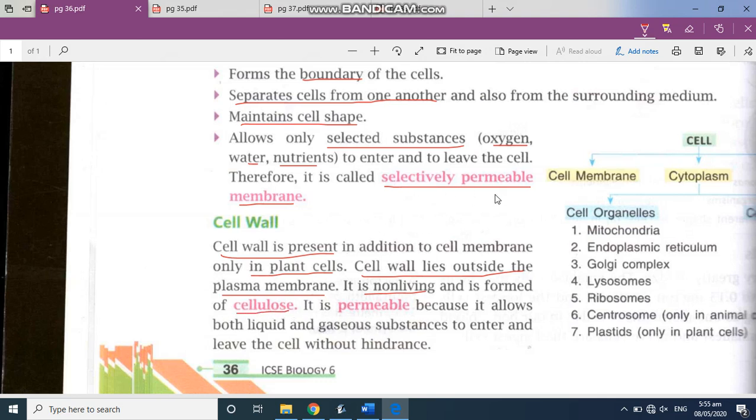And this is not selectively permeable. Cell wall is completely permeable. It allows both liquid and gaseous substances to enter without hindrance, without giving any blockages. Okay, so you can get the differences from here: the difference between the selectively permeable membrane, that is the cell membrane, and the fully permeable cell wall.